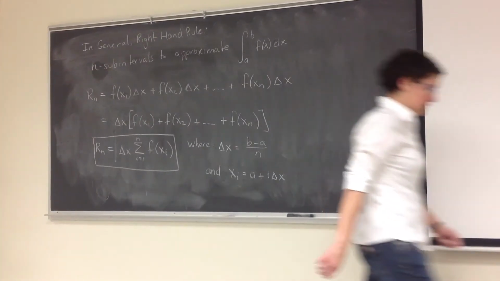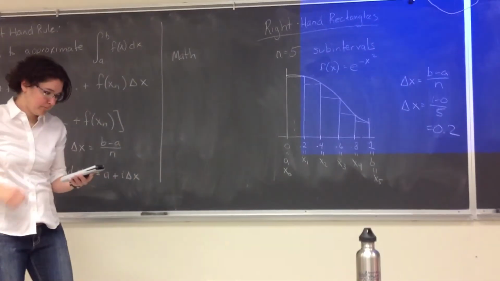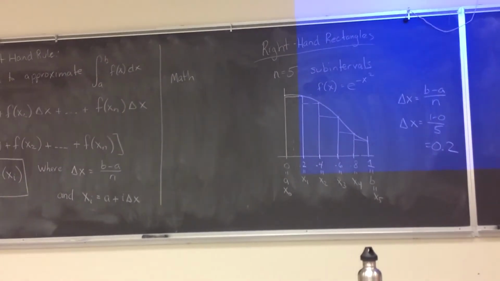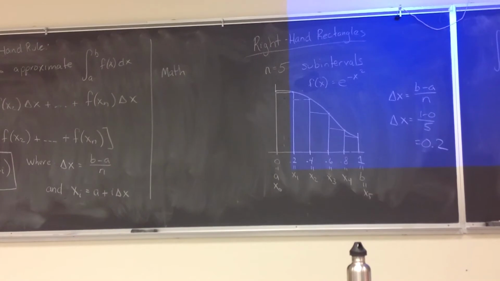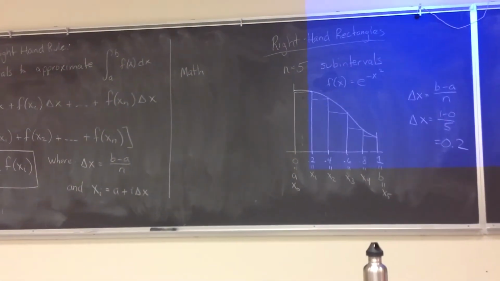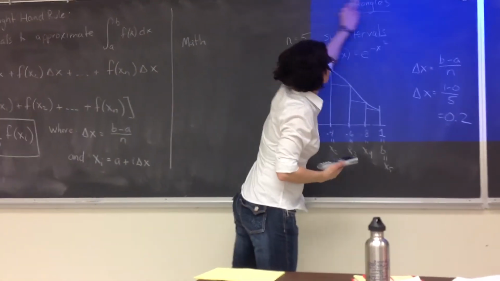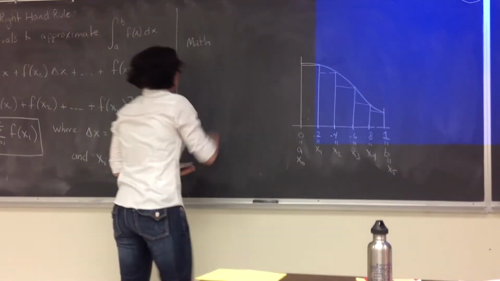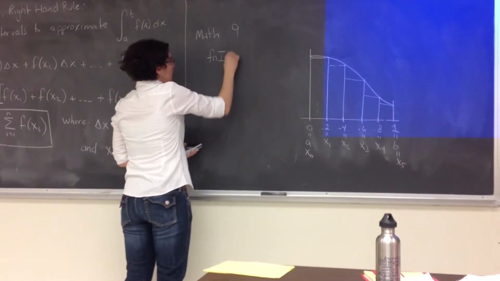Okay, so let's see if this thing's going to work now. It's not on. All right, and you'll notice a whole bunch of things on there. You can scroll down until you get to number 9, which is fnInt. So math 9 will be fnInt.